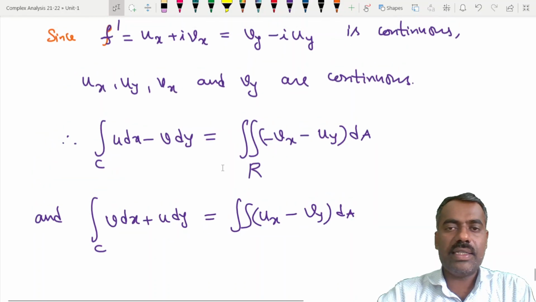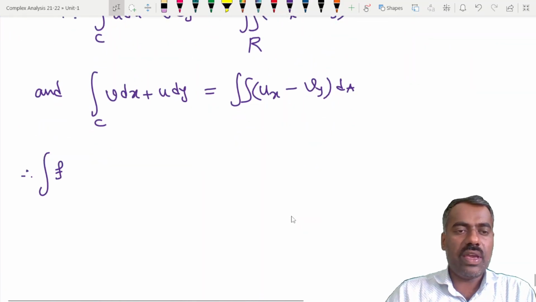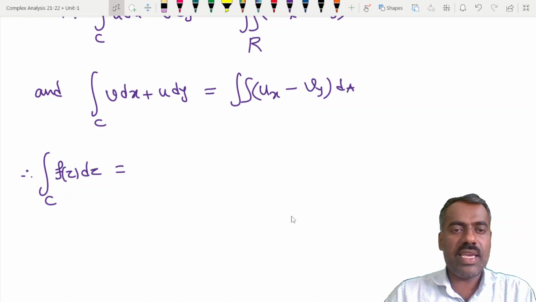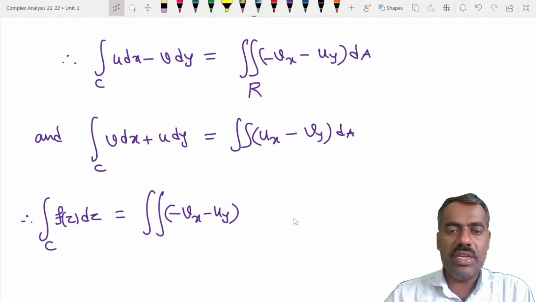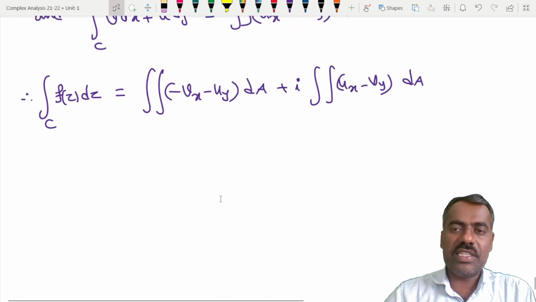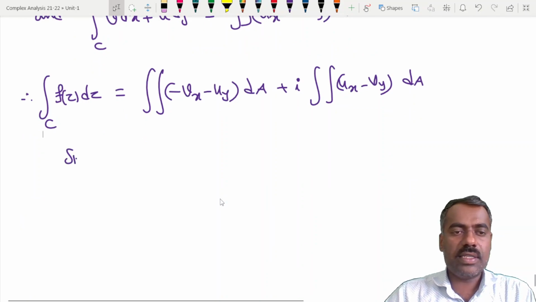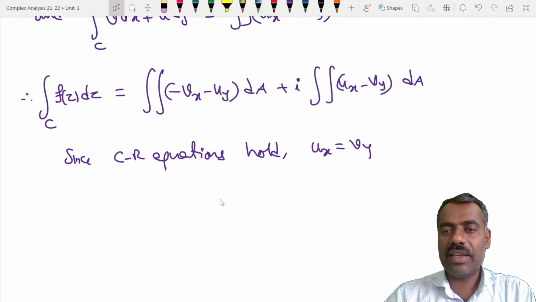Therefore, the integration of f of z dz over that C is nothing but the double integration of minus vx minus uy dA plus i times ux minus vy dA. But since the CR equations hold, ux is equal to vy and vx is equal to minus uy.